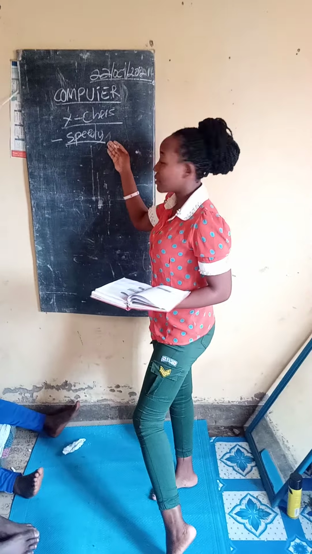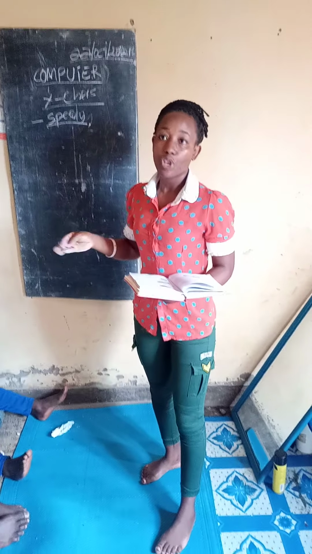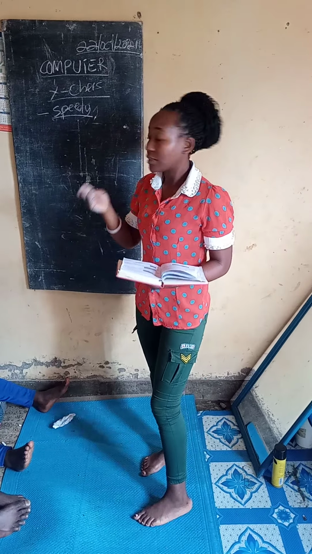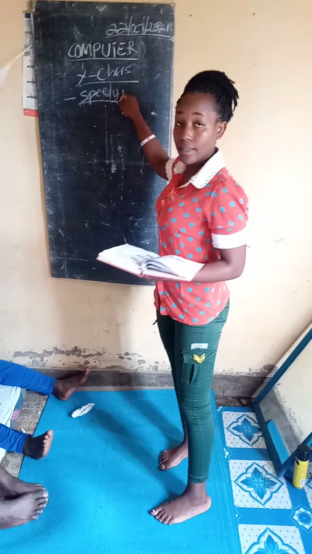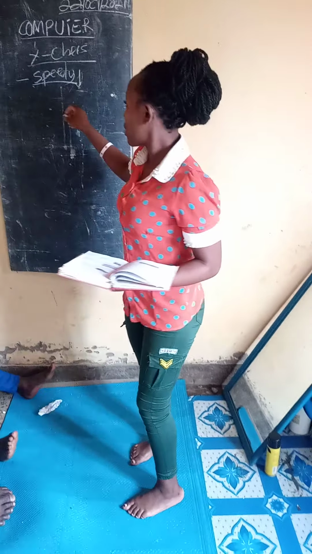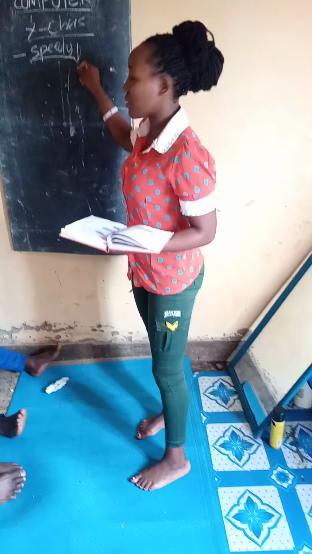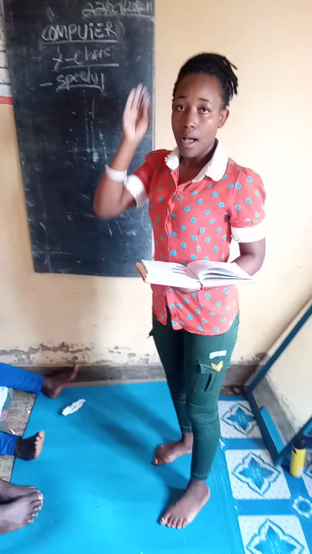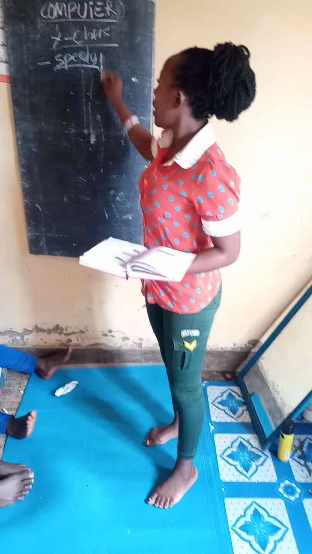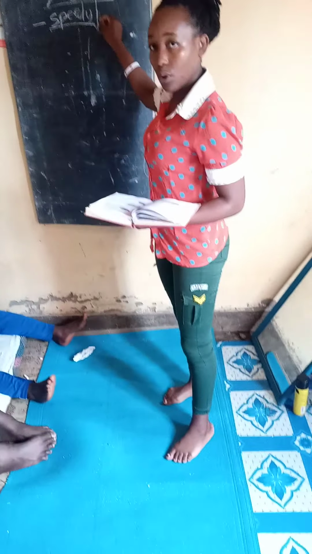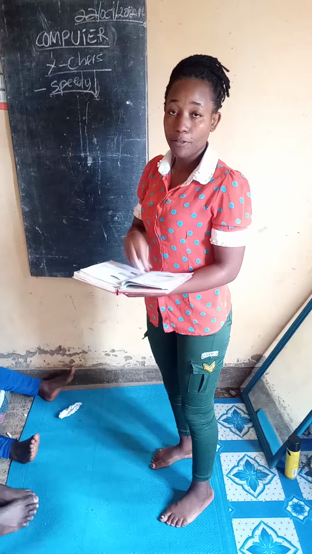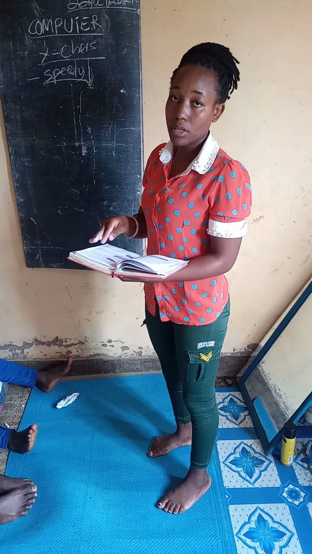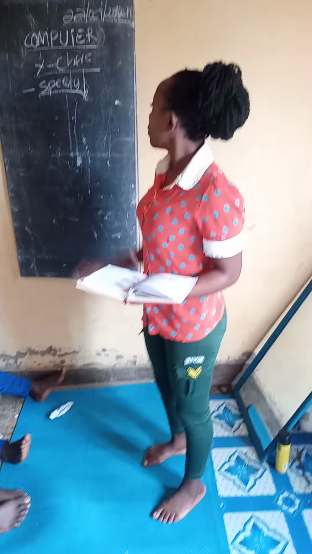So speed means these computers can do many things in a small time. You may be typing exams. Instead of using a full day typing these exams, you will use hours to type the exams for the whole school. So computers have speed in performing their work.